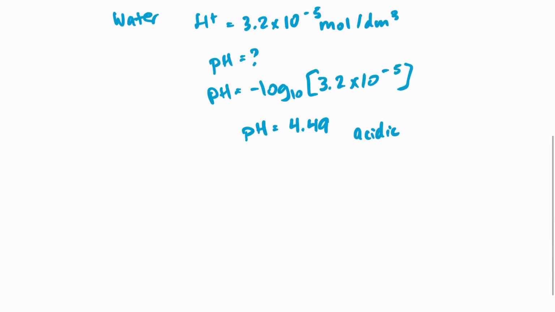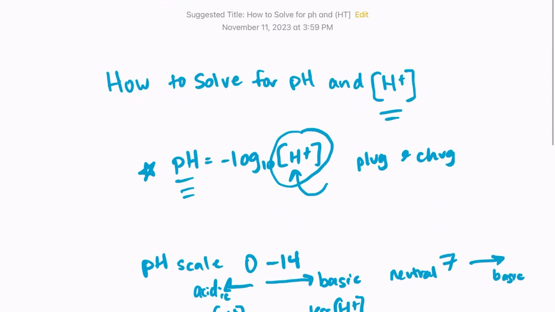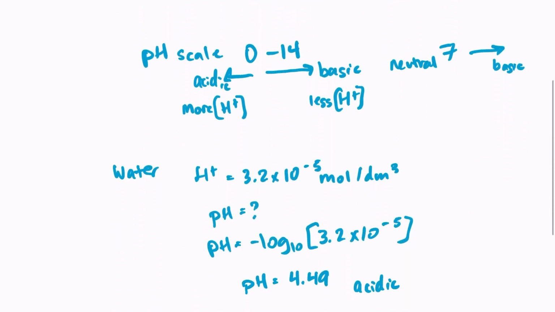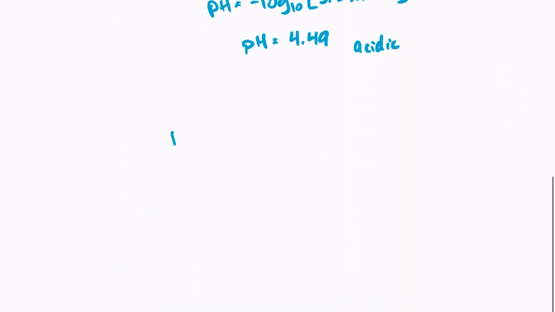What if we wanted to find the concentration of H plus from the pH? All that we have to do is rearrange this formula, and this will be another formula that you would want to memorize. So we know pH is the negative log of H plus. What if we want to know the concentration of H plus and we were given the pH? All we need to do is rearrange the formula.